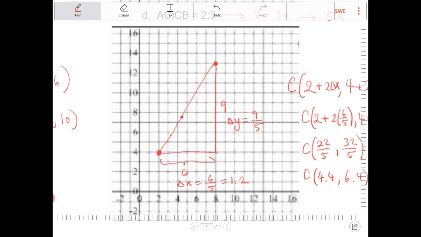So that's how I'm breaking up the lines into fifths. So 2 fifths is right here, which is (4.4, 6.4).